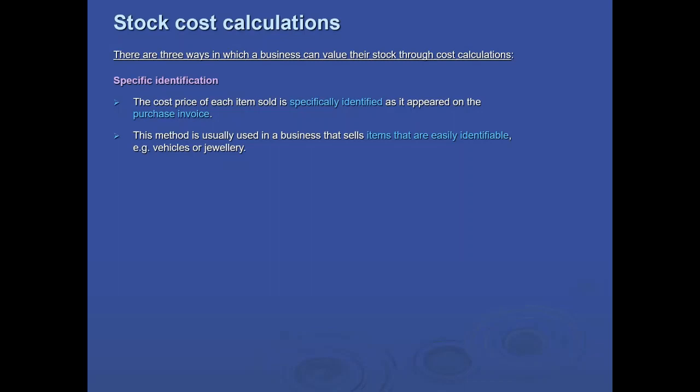So with the specific identification method, we know basically the item that we sell, what that specific item's price was when it was purchased.